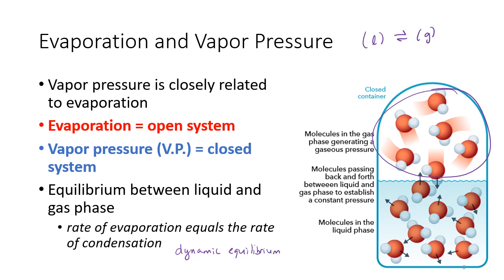Essentially, the effects of condensation and evaporation will cancel each other out. There is no apparent change at this point. The number of vapor molecules will remain constant, as will the number of liquid molecules. It is considered a dynamic equilibrium because the activity has not ceased. Molecules will continue to evaporate and condense. They will just do so at equal rates.